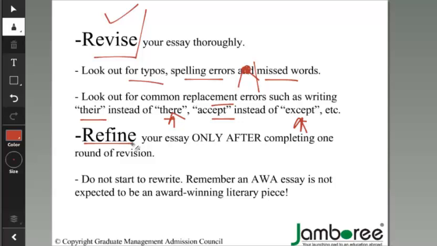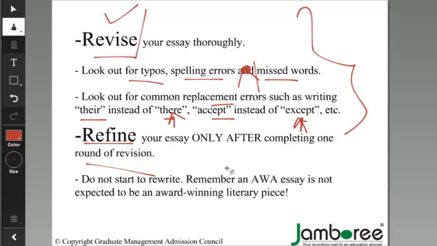So when they revise, at that same time they start improving the sentences, or they start adding additional words or rewriting some portions of a sentence. I would not recommend that. My advice is that you read the essay top to bottom once, look for these errors, fix them, then go paragraph-wise and try to improve if you have time. So the refining should be done only after you have completed one round of revision.